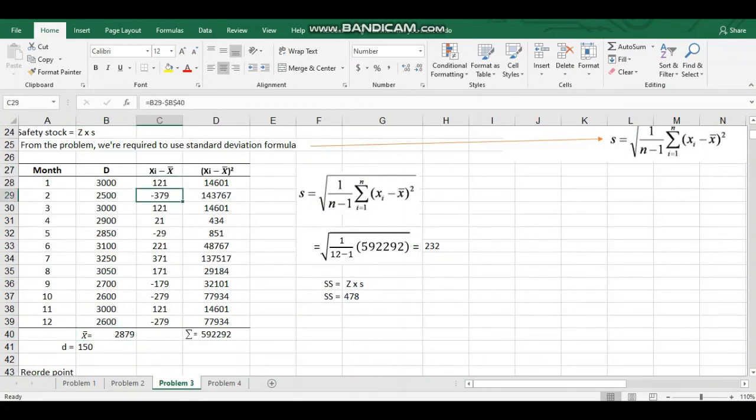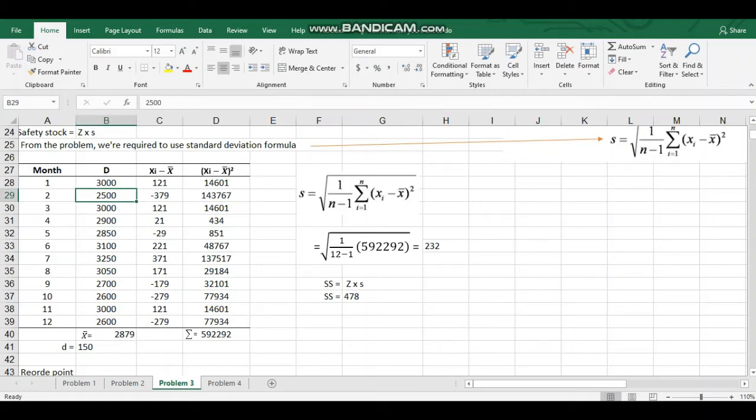And then for filling these columns, we have to find the difference. So to find this cell, we use 3,000 minus the average demand, and the same goes with the rest of them.